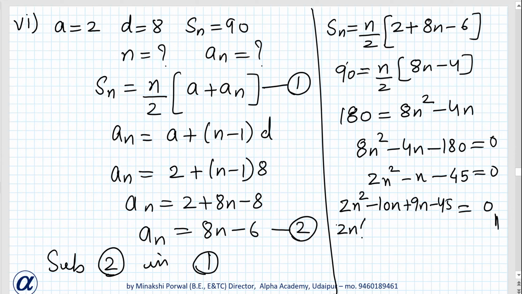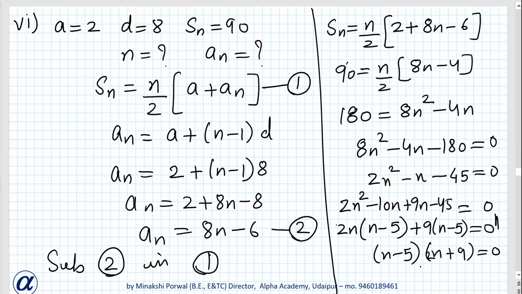So 2n if we take common, n minus 5, plus 9 if we take common, n minus 5, equals 0. So n minus 5 into 2n plus 9 equals 0. So n will be equal to 5, because n cannot be a fraction. And 2n plus 9 equals 0 gives minus 9 by 2, which is not possible.